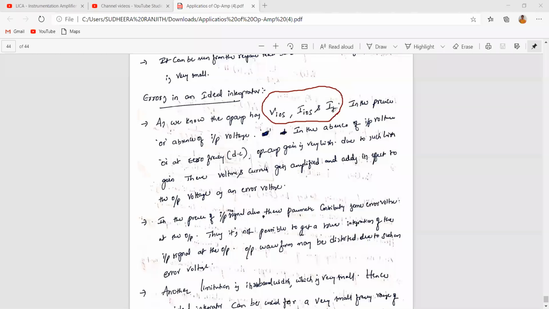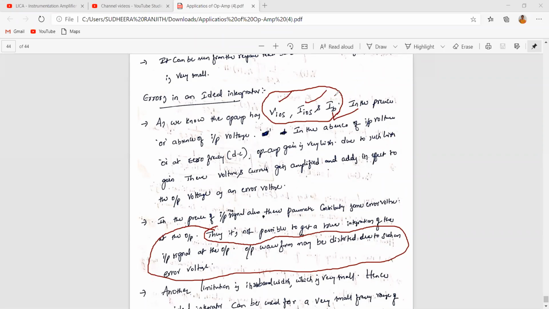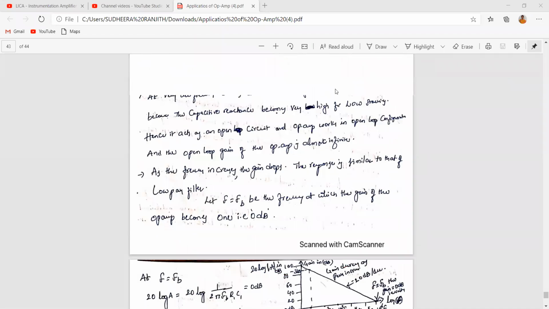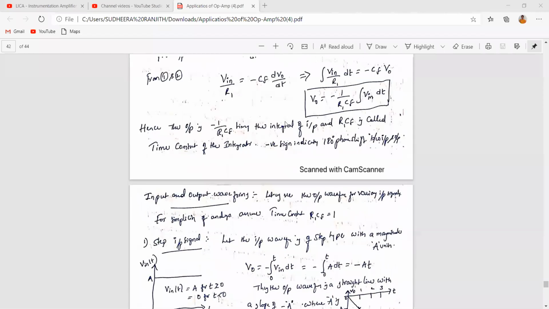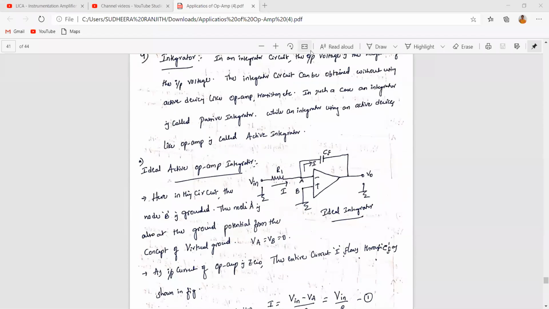Because of these factors, we are not getting true integration of the input signal: input offset voltage, input offset current, input bias current, which are available at these positions, right?